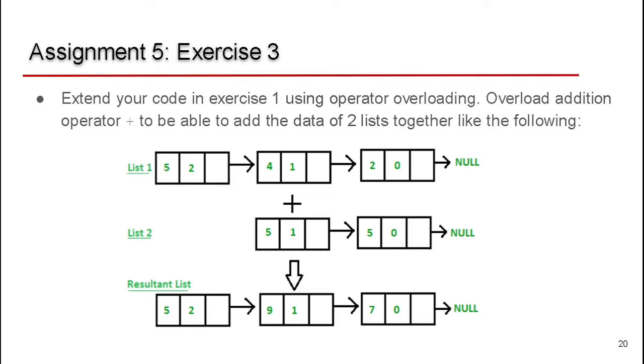That's why in this assignment you have three exercises, and somehow they are long. But this is simple. Again, you have the complete code. I'm just asking you to implement the operator overloading for addition, but this time not for the point class, this time for the linked list. So you have two linked lists.